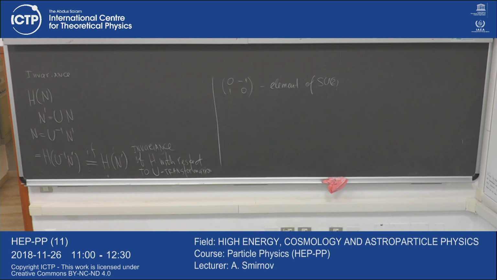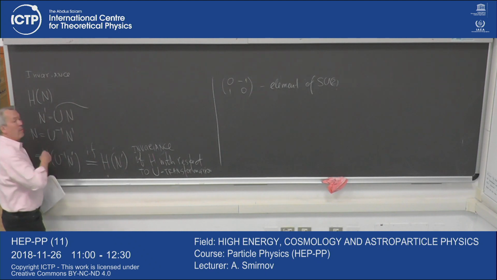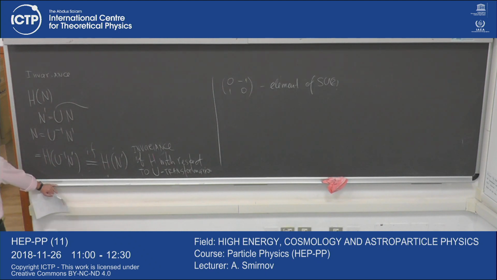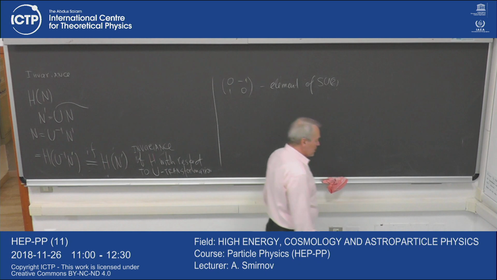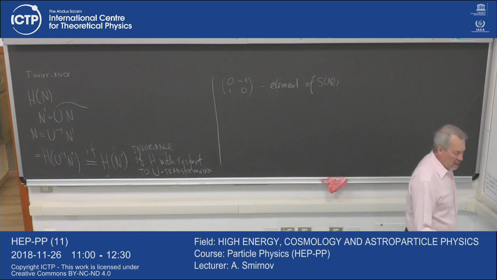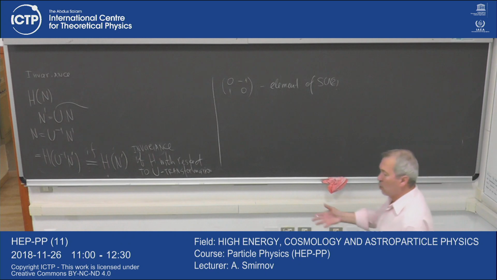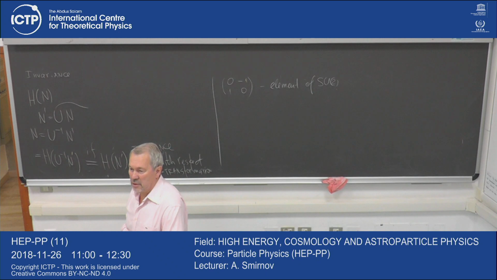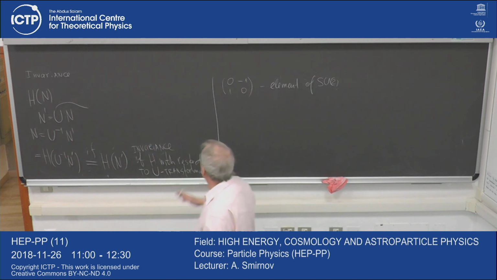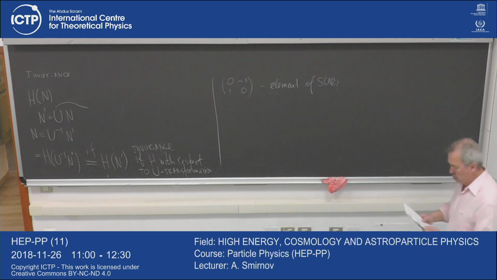Not just consider permutation of proton and neutron, but consider transformations where U is a general complex unitary 2 by 2 matrix. We can also impose the condition that the determinant is 1, and so special, and therefore this is what is called the SU2 group, and you can study this. Like in the case of spin of the electron, the group is not just permutation of two polarizations. Right? So it's SL2 in that case. So here we will discuss the SU2 group.